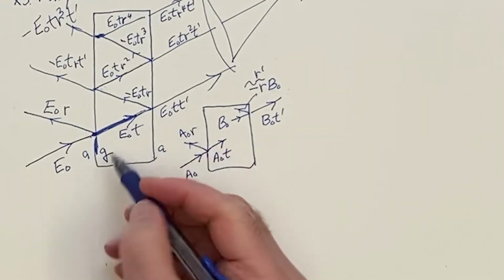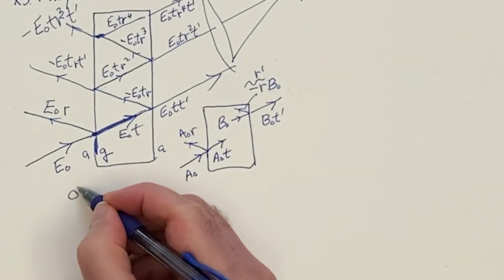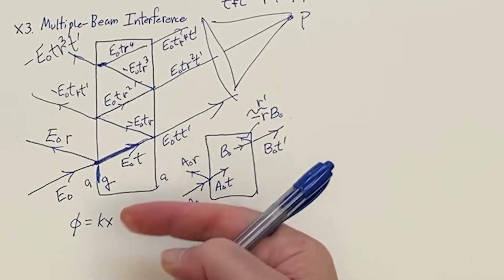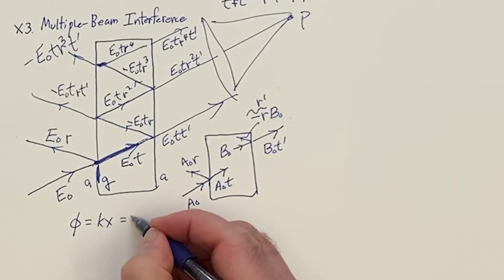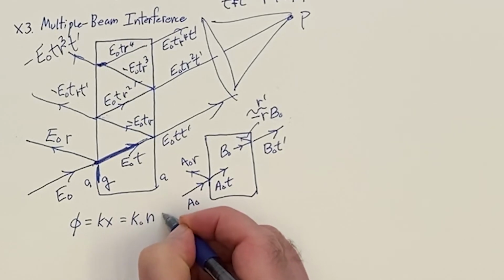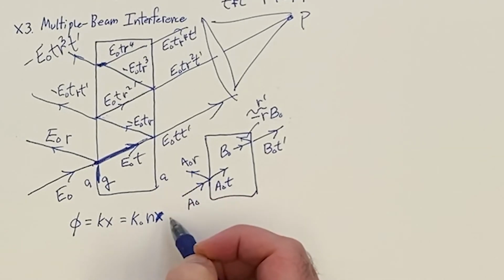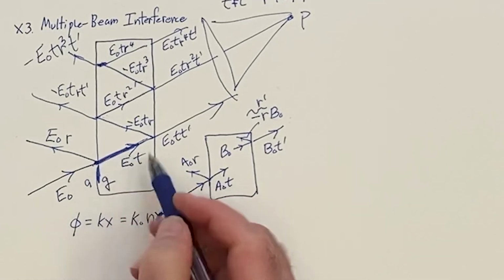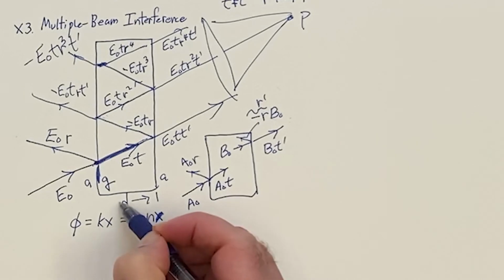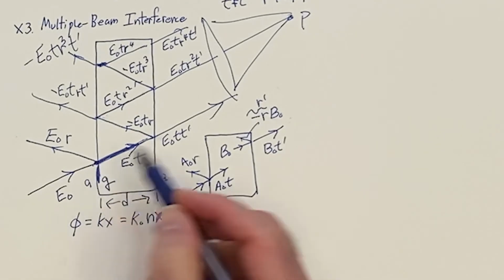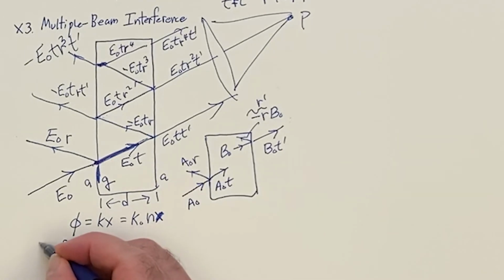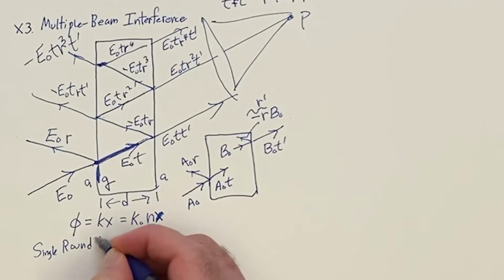Now, I'm going to be interested in the transmission one, but before I do that, let me just point out that there's going to be a phase change, because remember our KX rule for the phase, how it's going to evolve if we go a distance. And remember, this is K naught N times X. And here, this X, when we have angles that are very small, is going to be a distance D, and we're looking at, let's do a single round trip.